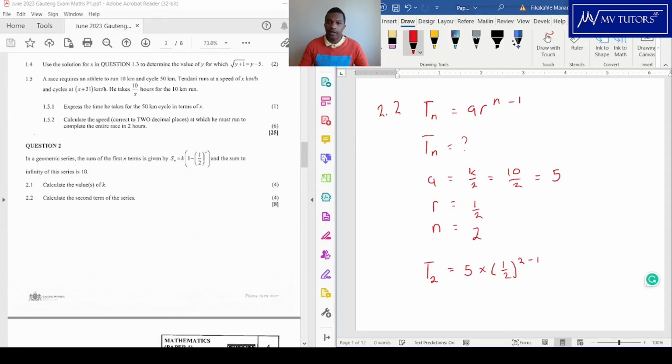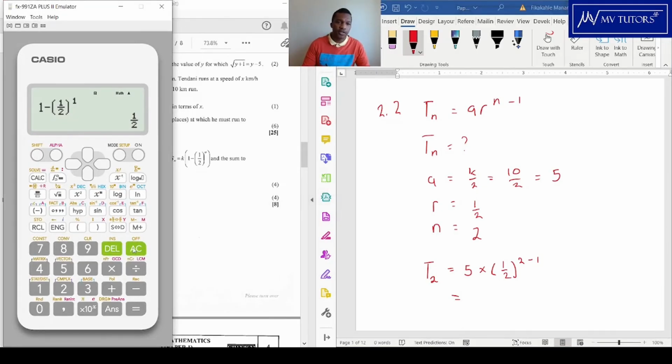minus 1. Okay, ladies and gentlemen, I just want to put this in the calculator exactly as it is. Don't want to take any chances. Okay, 1 over 2. Oops, gotta go to the side first and then close the bracket. To the power 2 minus 1.